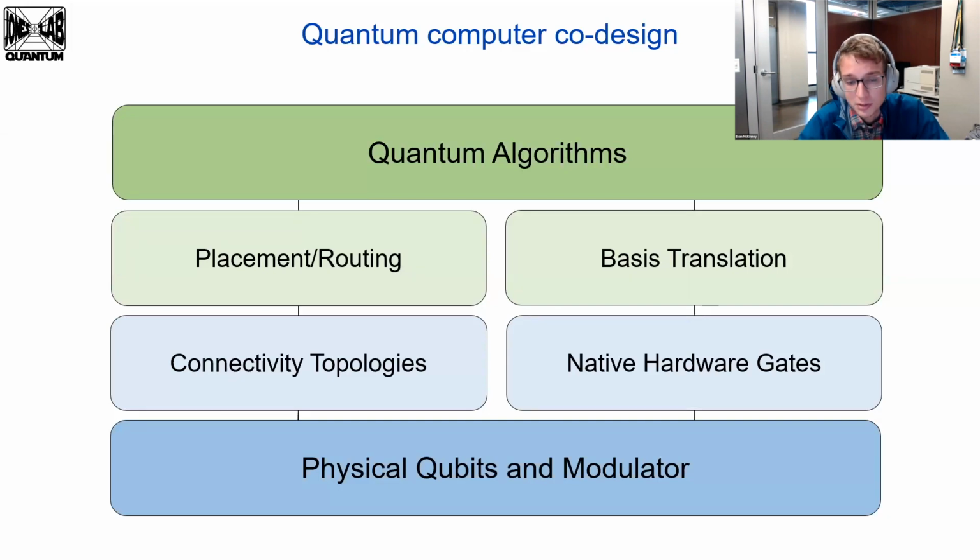This comes to ideas like frequency crowding. In order to address this, we have placement and routing algorithms that use swap gates to perform data movement. But because these swaps are so expensive, this becomes a really important concern to optimize, so we don't spend our entire time having our qubits decay while just trying to do data movement.